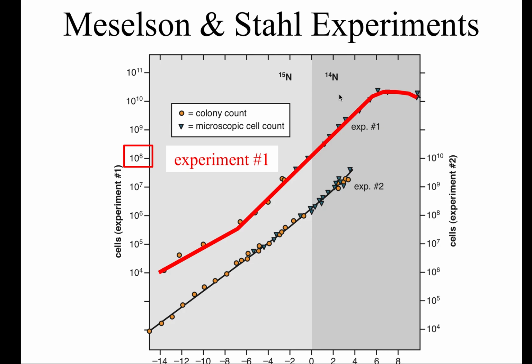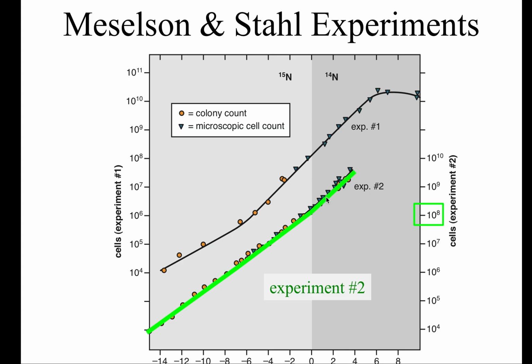When we switch to light nitrogen, what does the DNA look like? They also did the experiment a second time, okay? And they had cells at a lower density. That's why the line is lower. But the same idea. First, heavy nitrogen.